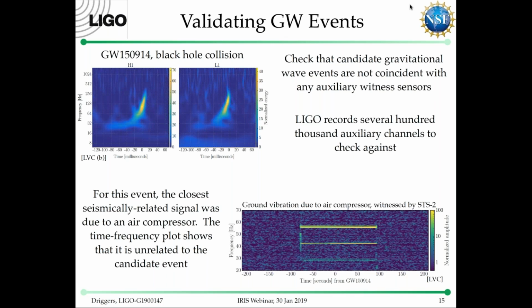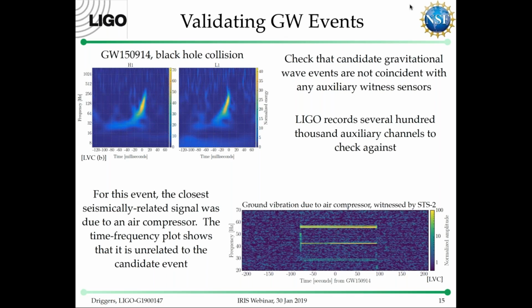For this particular event, there was a seismometer that saw some ground vibration during the time of that gravitational wave event. So then we can look at the time frequency plot of that seismometer signal and see that it doesn't look anything at all like a gravitational wave signal.